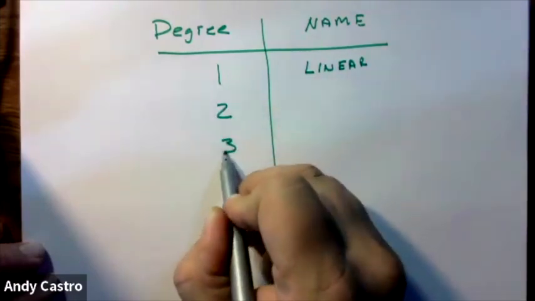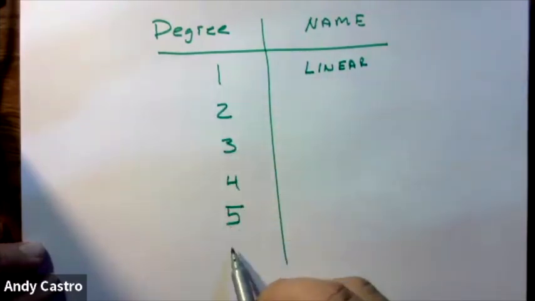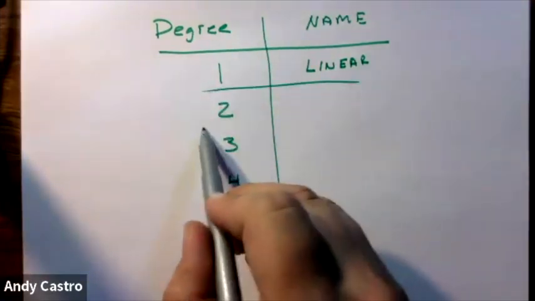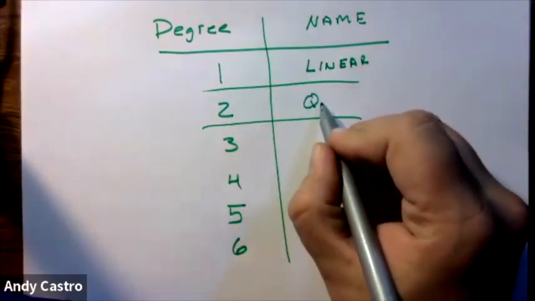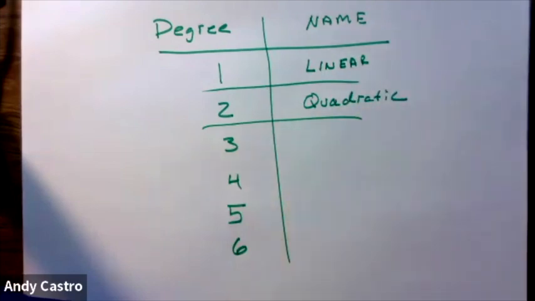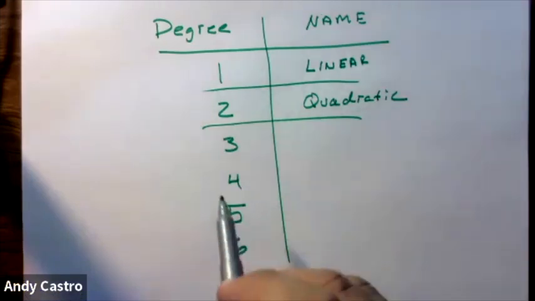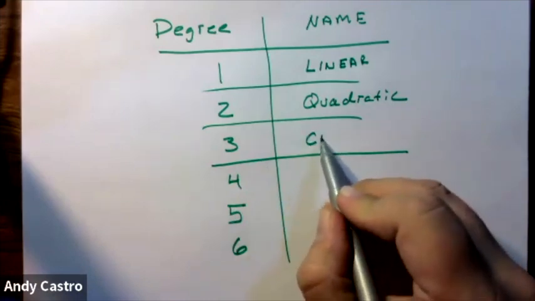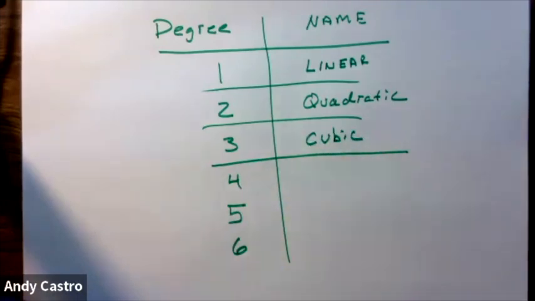We're going to do the same thing. 2, 3, 4, 5, and I'm going to go up to 6. Okay, 2 is 2nd degree, which is a quadratic. That's your squared, where 2 is the highest degree in a polynomial. 3 is cubic, where 3 is the highest degree in your polynomial.